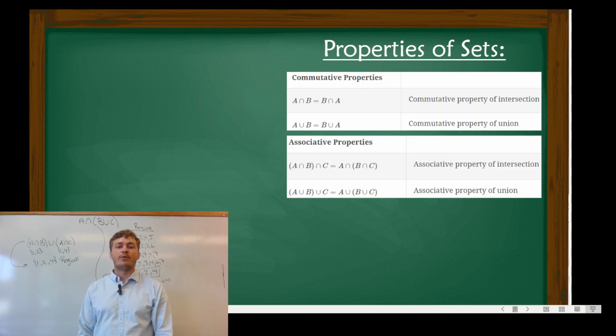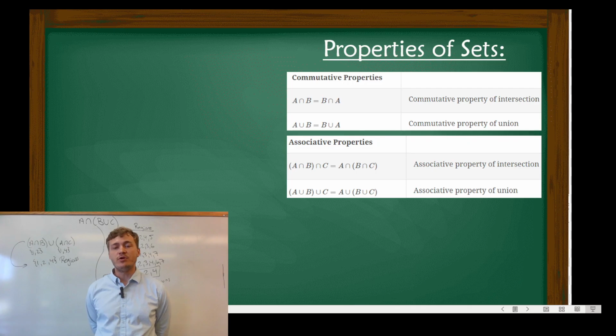Our associative properties, when do they work for us? Well, previously we tried to move our parentheses and it didn't work, and that's because we had an expression that contained an intersection as well as a union. But note here, the associative properties are stated that if you have three sets and only intersections, then you can move those parentheses around.